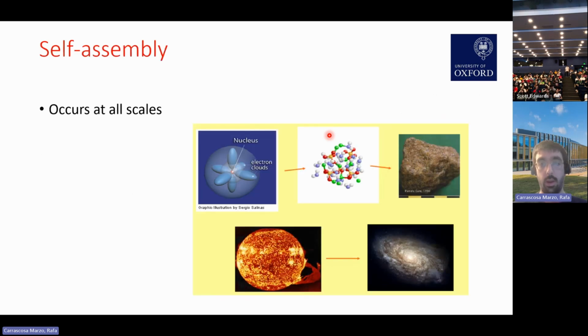Well, before I go on to that, we need to talk about a concept in physics that occurs at all scales called self-assembly. I don't know if you are all familiar with self-assembly. It's kind of self-evident, perhaps by the name, but it's this property that, again, occurs at all scales.